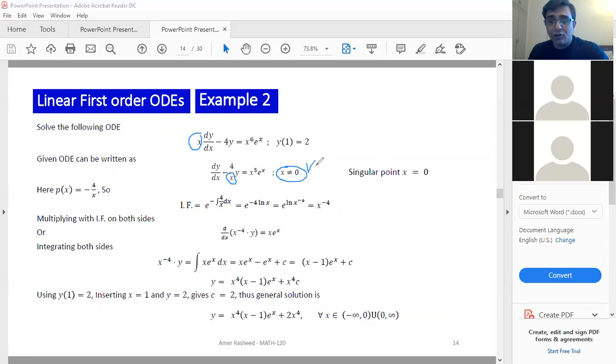Now this is our solution, along with the condition that x is not equal to 0. So this solution must be valid on the union of these two intervals, which excludes 0 from R. So that's why we excluded x equal to 0 here. I hope that you understand it.